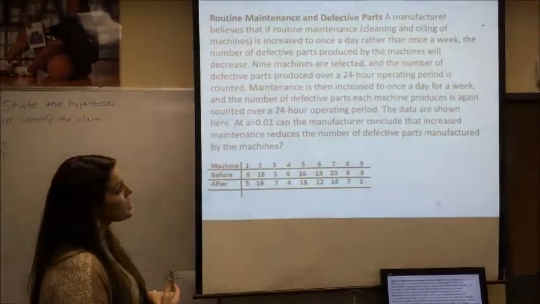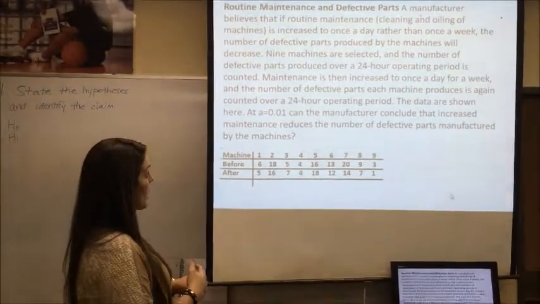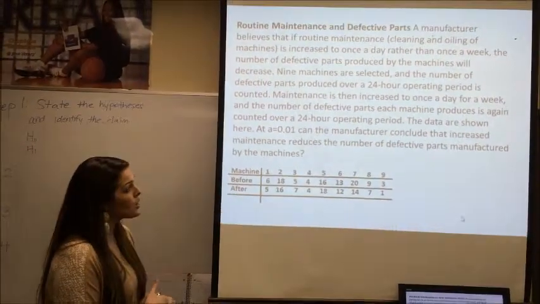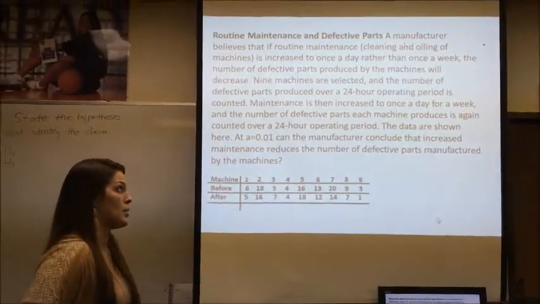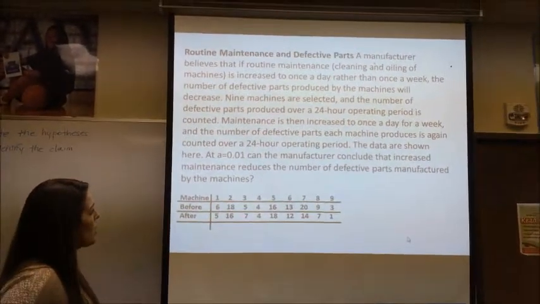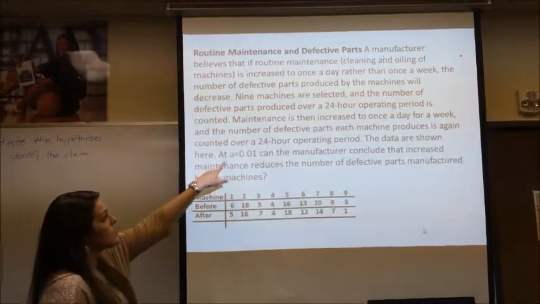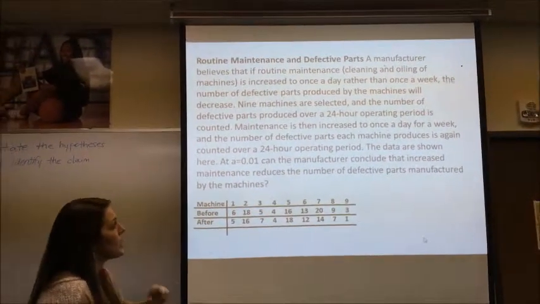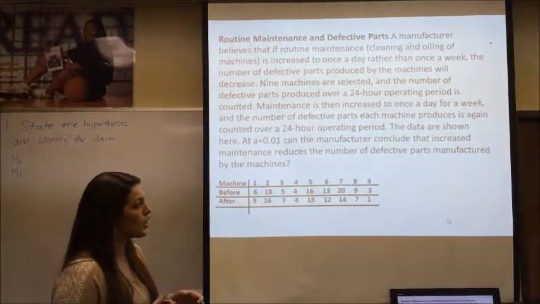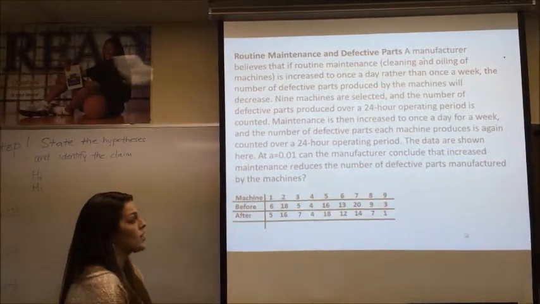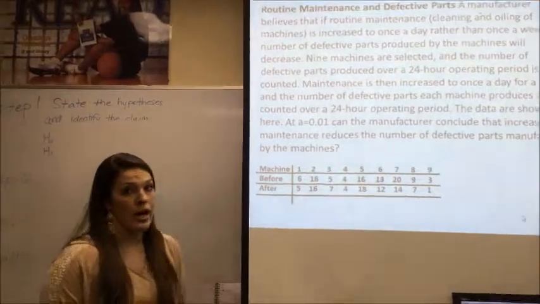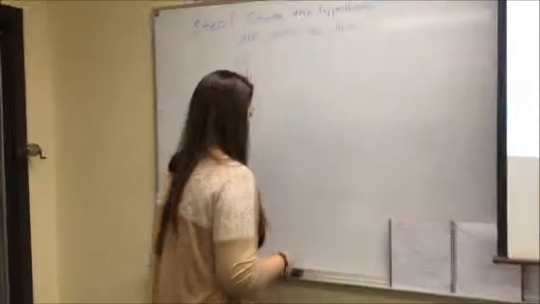Maintenance is then increased to once a day for a week, and the number of defective parts each machine produces is again counted over a 24-hour operating period. The data are shown here. At A equals 0.01, can the manufacturer conclude that increased maintenance reduces the number of defective parts manufactured by the machine? Now back over here to the board.